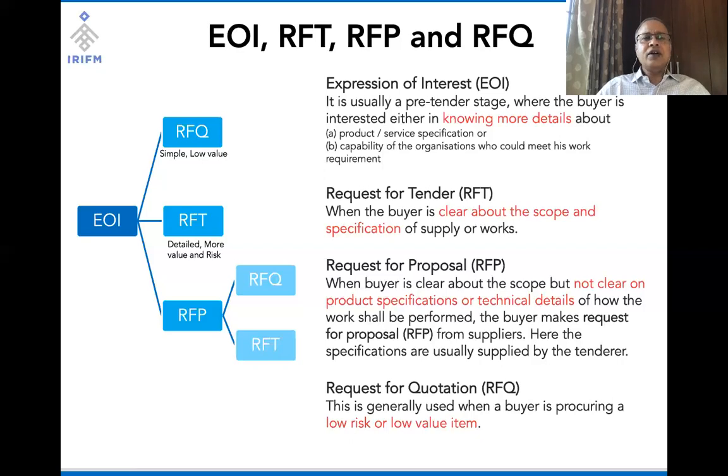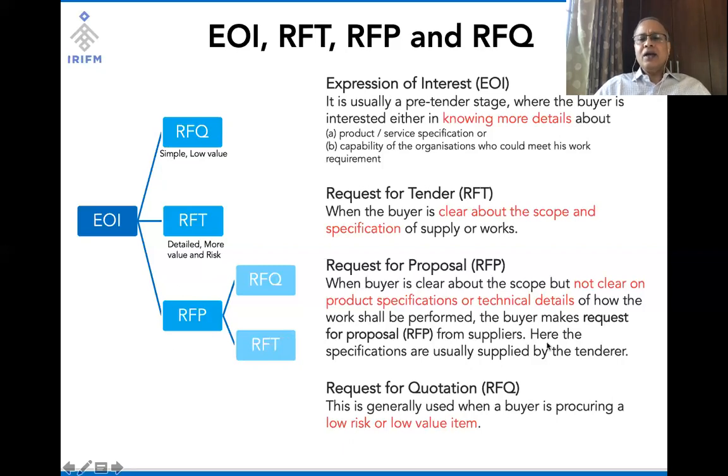But most works are of much higher value. There are several works, low value items, frequently used items, which are procured through RFQ mechanism, request for quotation mechanism. But most items are procured through request for tender mechanism or invitation to tender, ITT, and RFT. They could be the same thing.